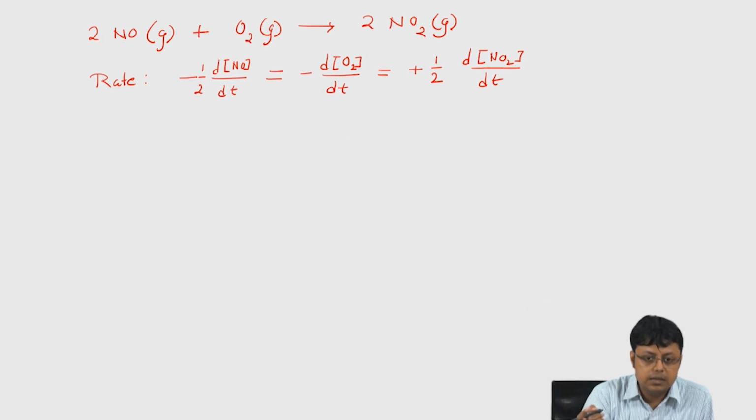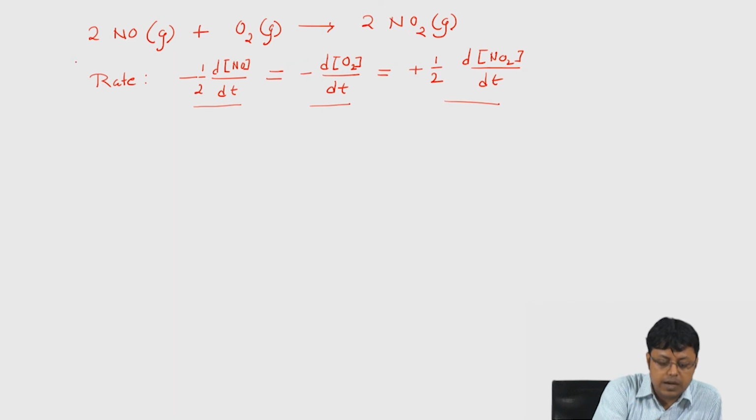Now, the question is, we will do some experiments and try to understand what this rate, which is expressed either in terms of the reactants or the products, is equal to, and how it varies with the concentration of the reactants or products.